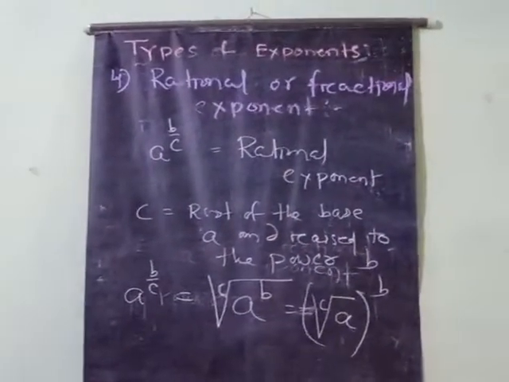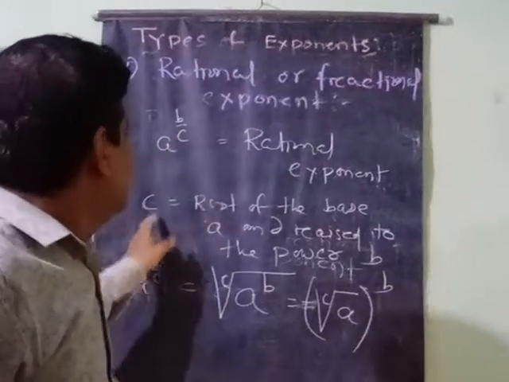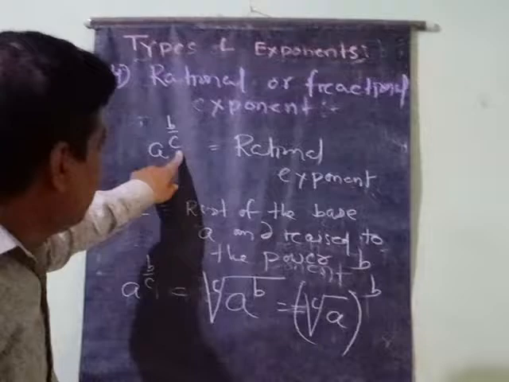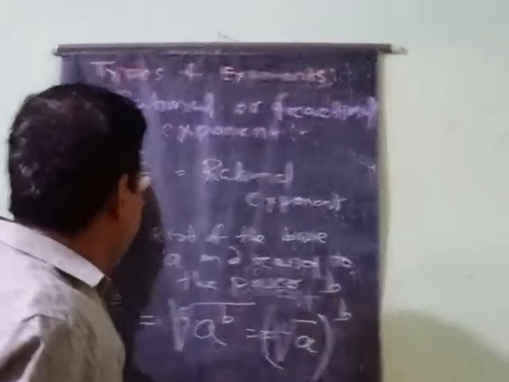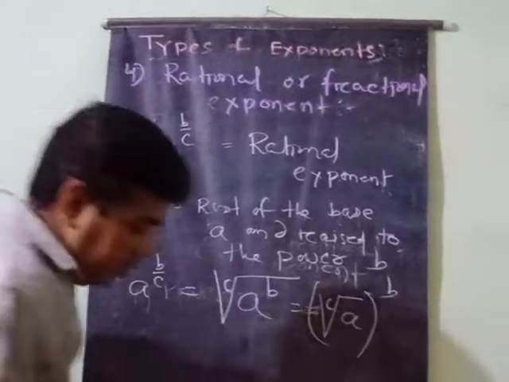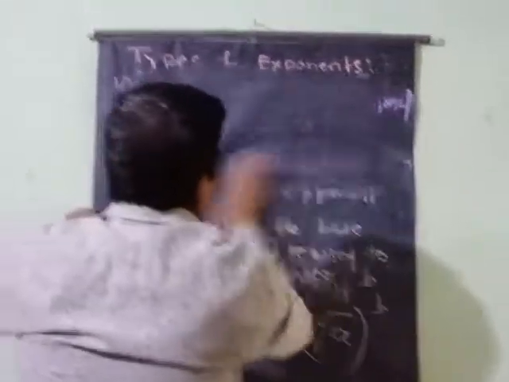Understand? Is it clear? Let us see. A to the power b upon c, power b by c. Here in b by c, the c, the denominator, is called the root of the base, and b is the power of the exponent. Understand? For example, I am telling you one example. I am just showing you.